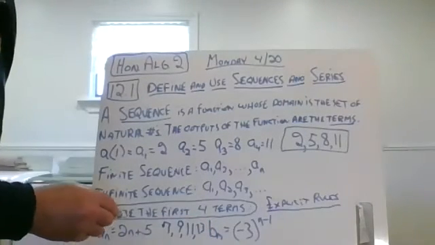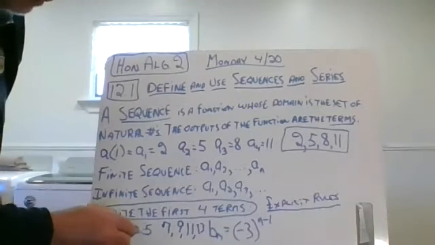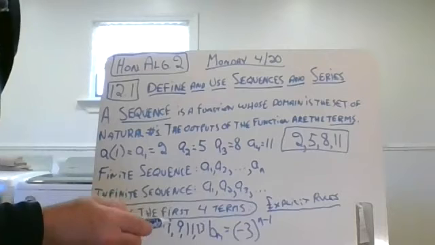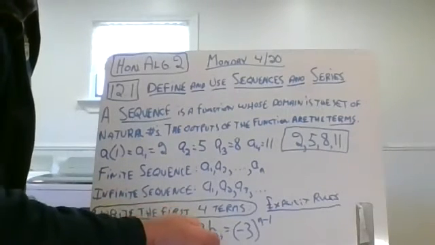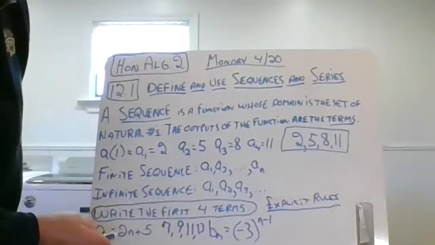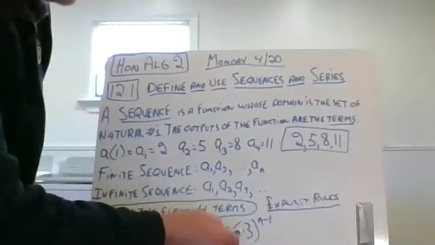So this is the easy problem. You're given the function rule and you're generating the sequence by just plugging in the inputs, which are the natural numbers. Here's a function rule. This function rule, by the way, is linear.